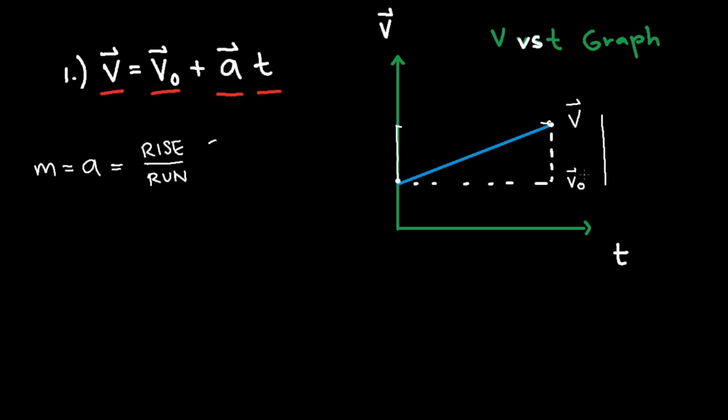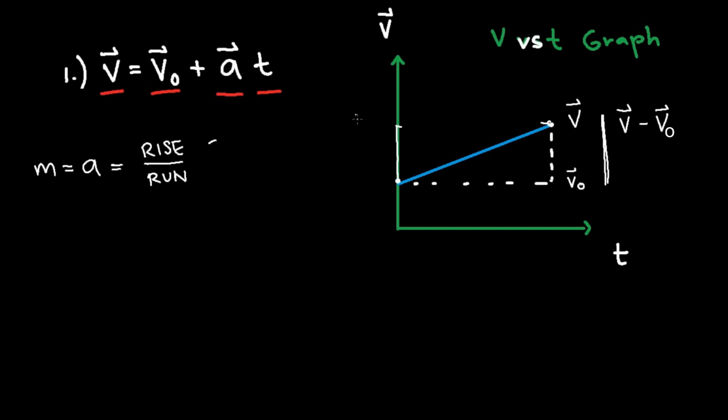So it's gikan sa initial velocity padulong sa final velocity. So para makuha din nato nga part, kailangan nato i-minus ang final. So ang final is Vf minus the initial Vo or the initial velocity.